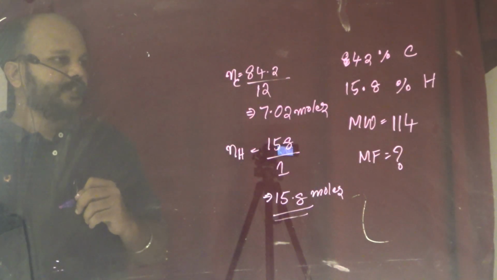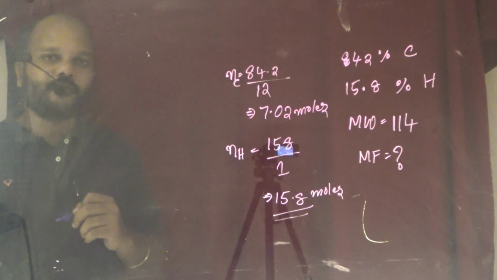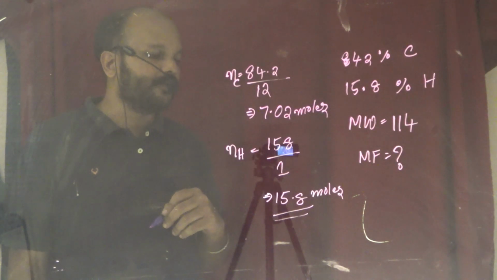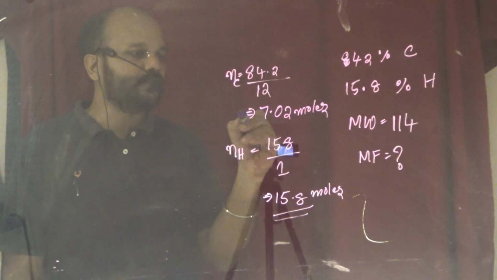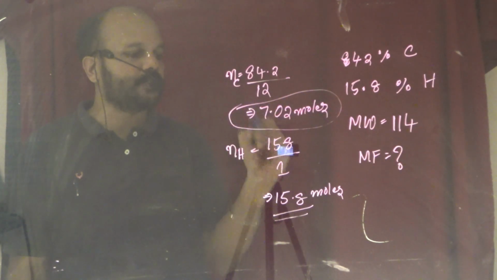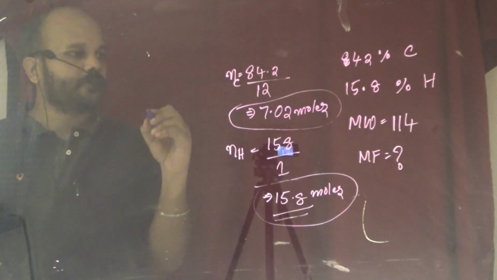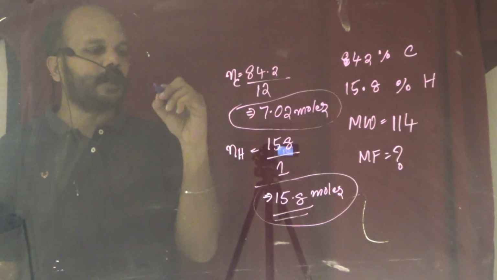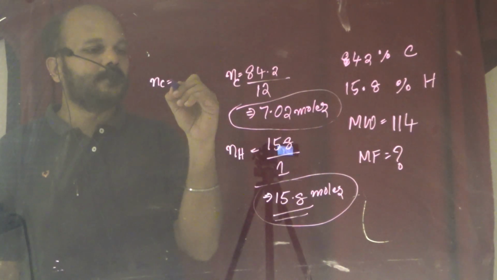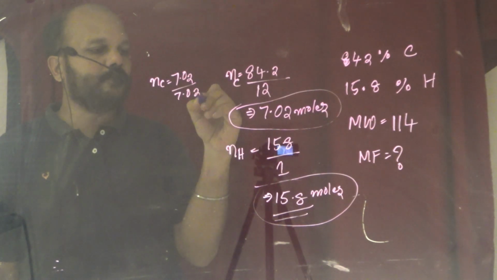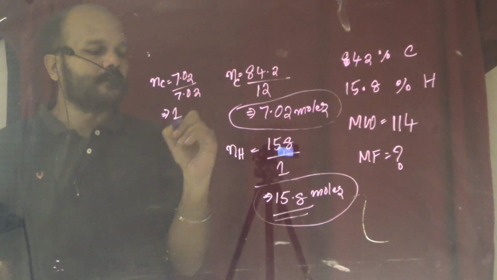Now the next thing is, in order to find the simplest ratio, we can divide everything by the smallest number. In this case, the smallest number is 7.02. So for carbon, it is 7.02 divided by 7.02, you will get 1.